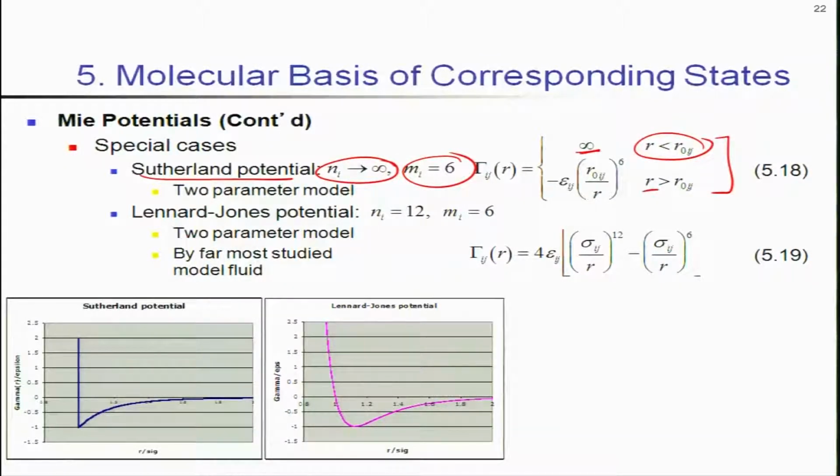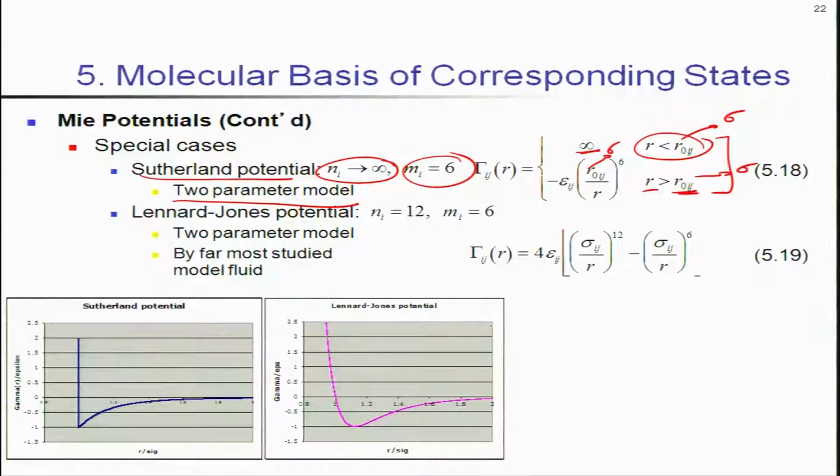On the other hand, when r is greater than this value, you have epsilon ij times r0 ij divided by r to the power 6. Now, this is a 2-parameter model because you still have epsilon and r0. You can replace r0 by sigma also, sigma 0 ij or something like that. So, there are two parameters we have to worry about.